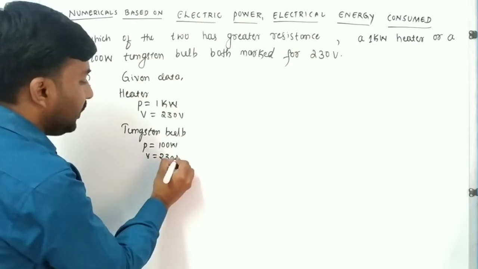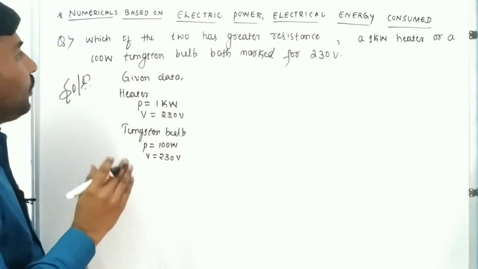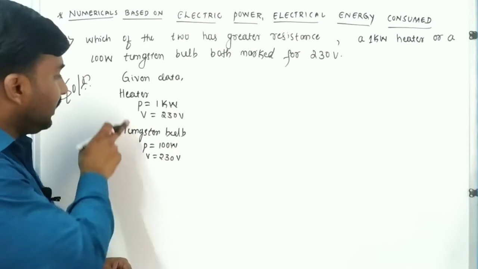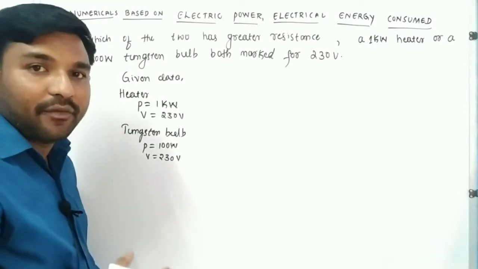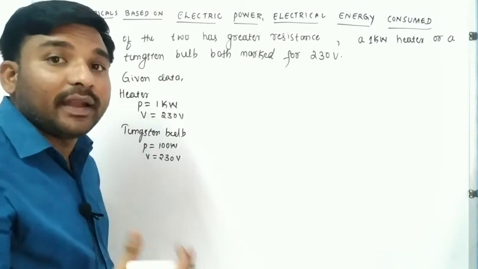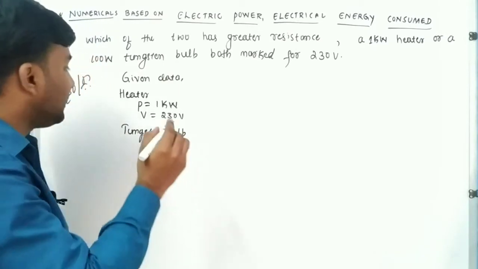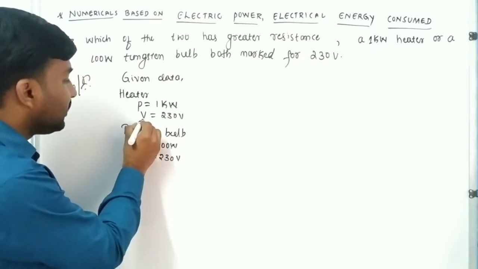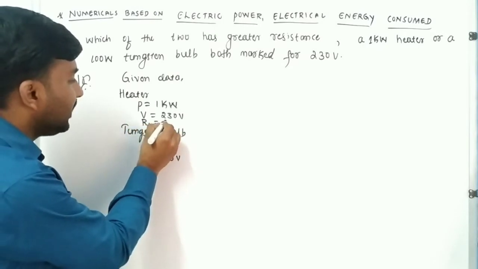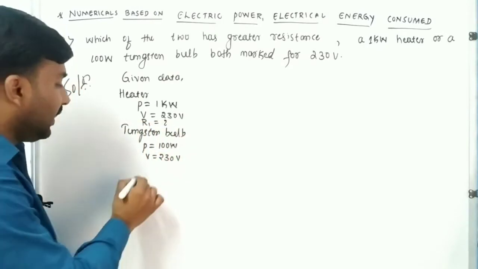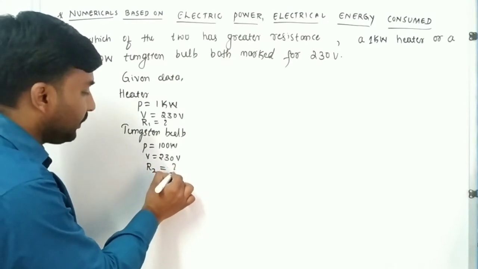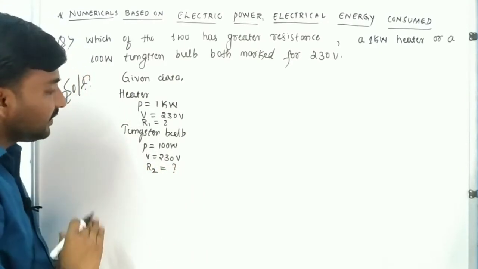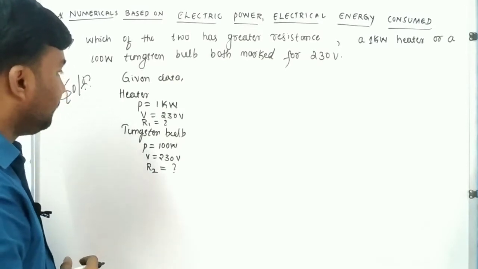We have to calculate which of these two electrical appliances has greater resistance. Let's suppose the resistance for the heater is R1 and resistance for the tungsten bulb is R2. Fine. So this is the given data.